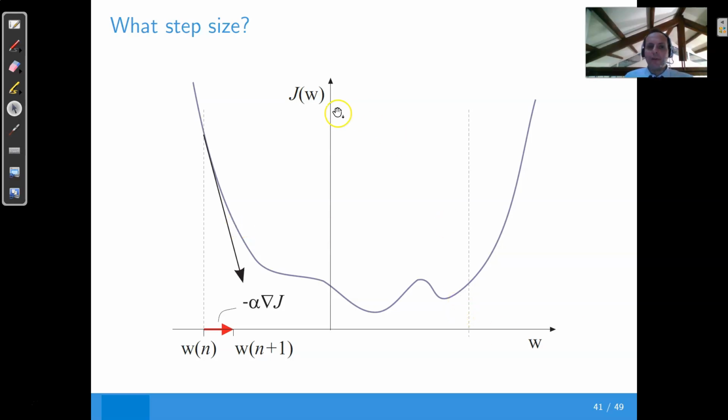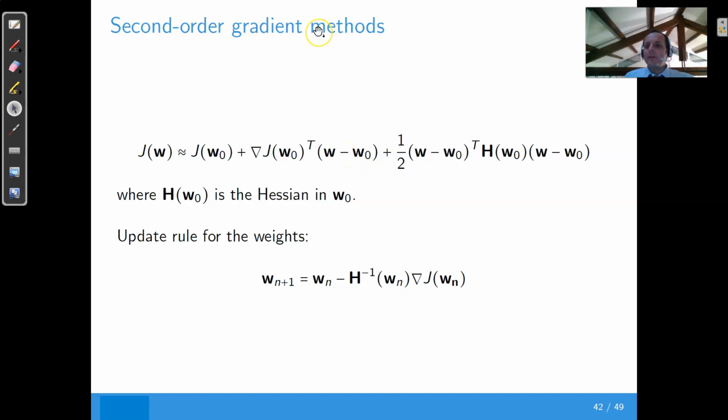In order to improve the computation of your gradient, just a remark, especially because this approach is implemented in MATLAB, normally you are not using a simple gradient descent like the one represented in this equation, which takes into account only the first derivative, but you include the Hessian of your cost function, which is the second derivative.